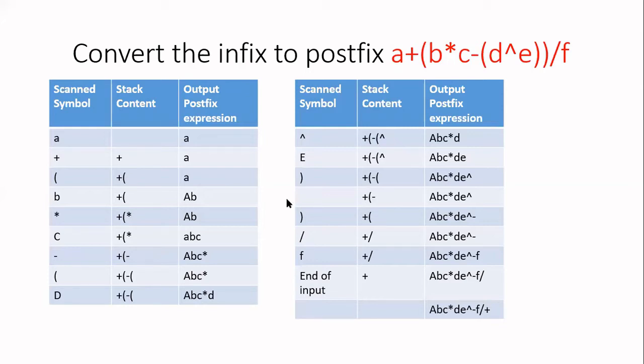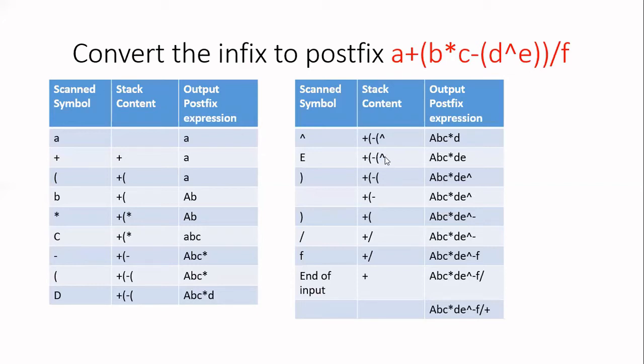Next, I have E. E is an operand. When you get an operand, write it at the output. So I'm writing E at the output. Next, I have a close parenthesis. Remember, when you get a close parenthesis, you have to pop all the characters from the stack one by one until you get the corresponding open parenthesis. Now on the top of the stack, I have exponentiation.